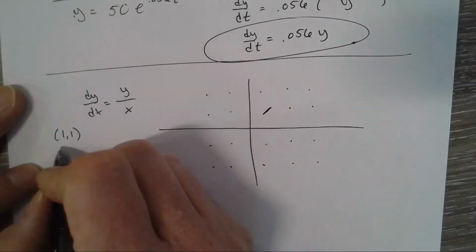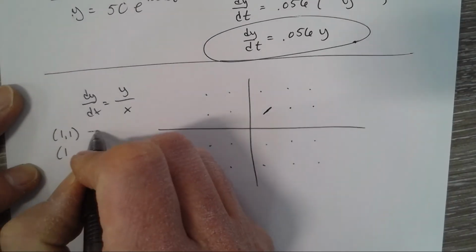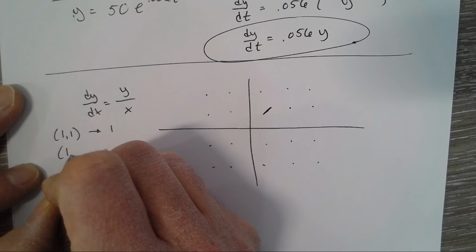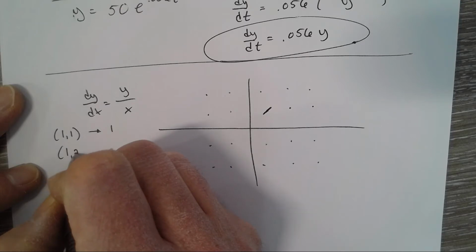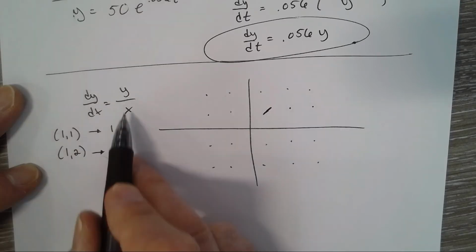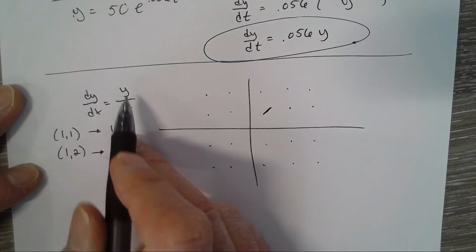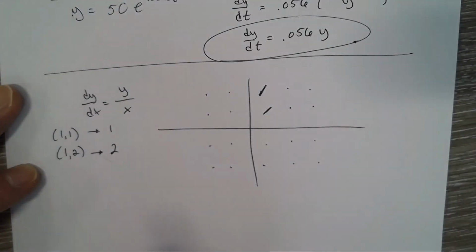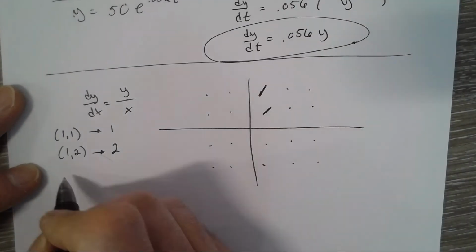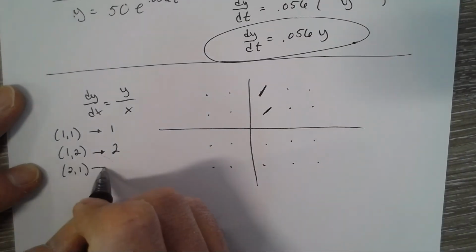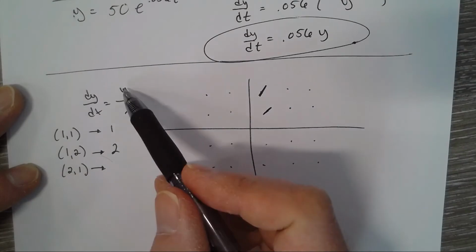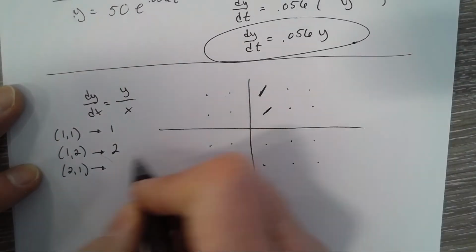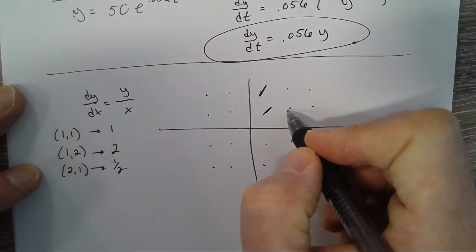At 1, 2, where 1 is x, I'm going to make it a little bit steeper, a slope of 2. At 2, 1, that would be 1/2. So it would be just flatter than that one.